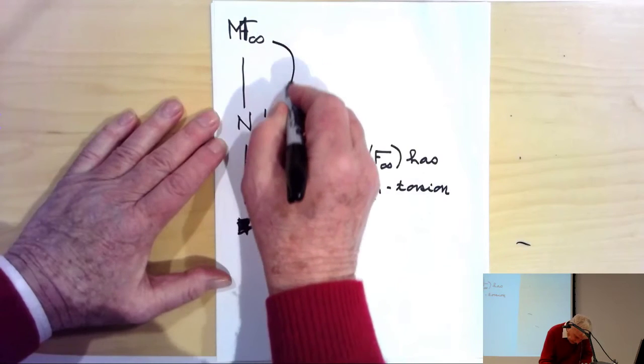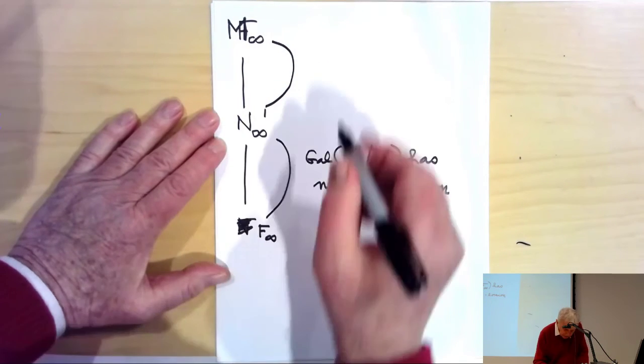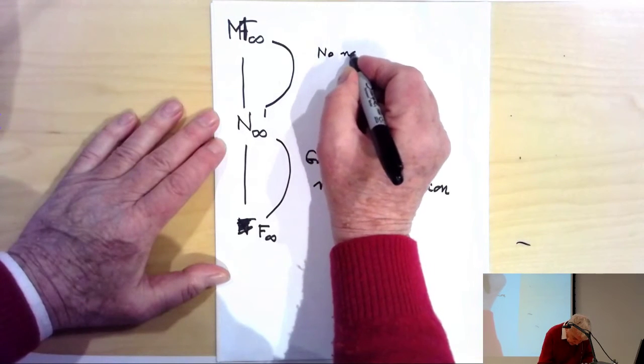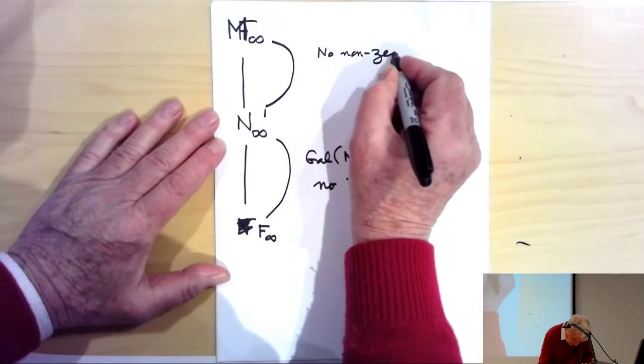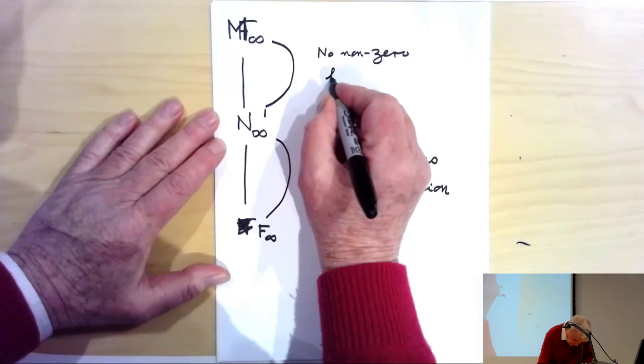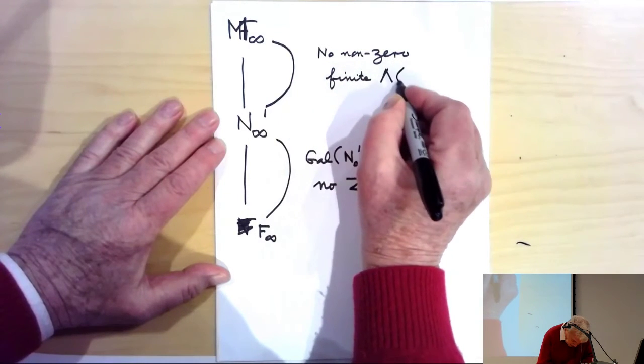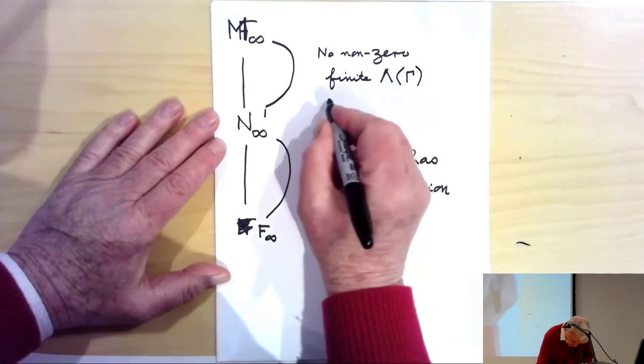And in this case, we have shown that there is no non-zero finite lambda gamma submodule.